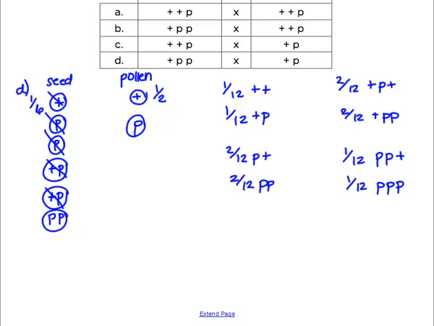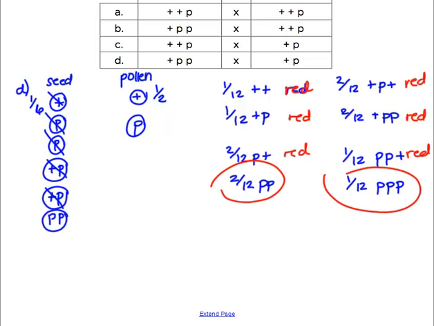Anything with the plus is going to be red phenotypically. So here you're going to have 3 pink.